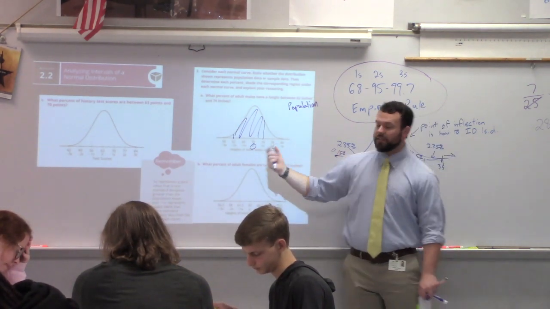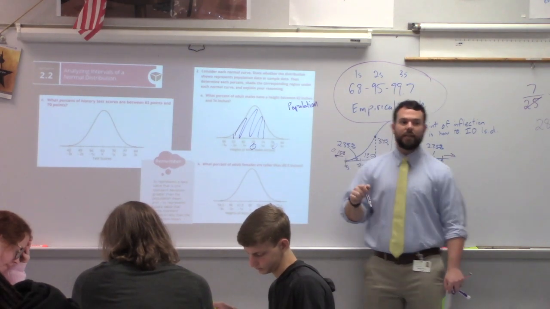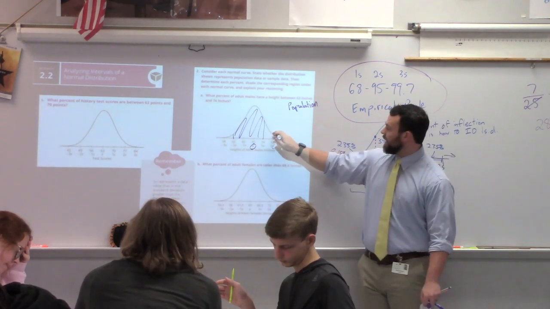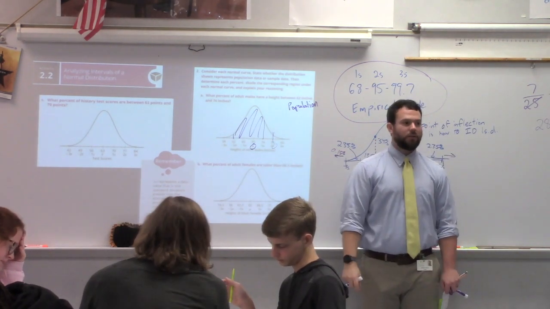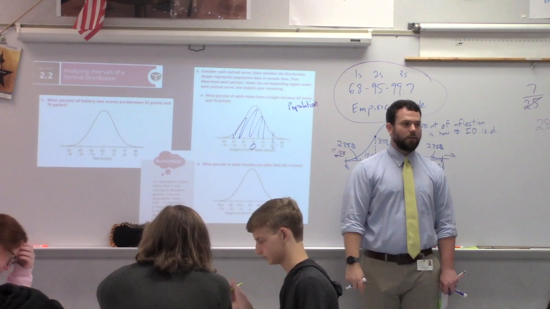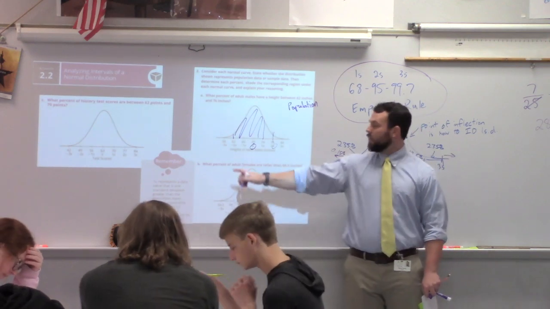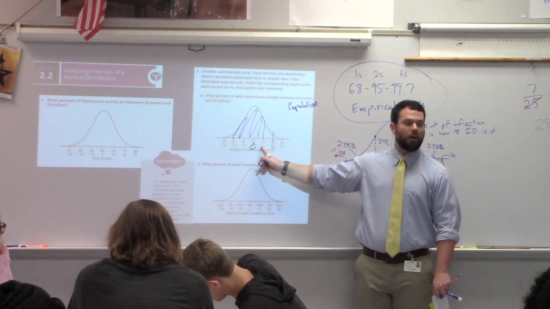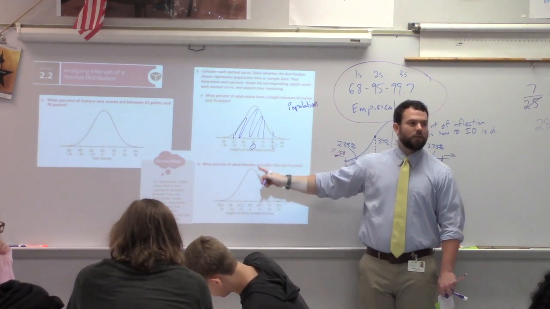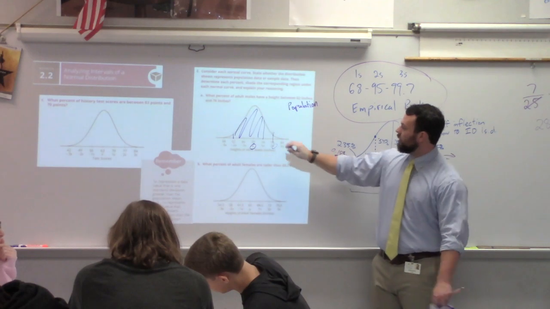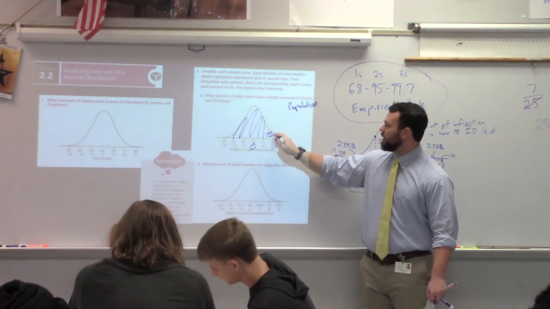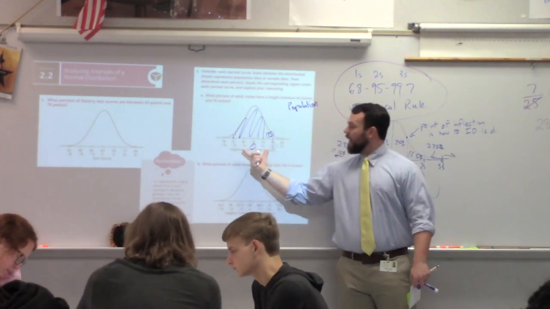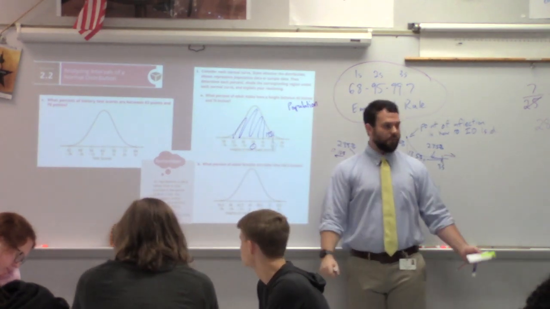Well, remember, this is where we need to be careful. 95% is between 2 standard deviations. If I go all the way to here, it'd be 95%. But it's 2 below, and 74 is only 1 above. We gotta subtract that 13.5 from that. If you can remember that that's 13.5 right here, then 95 minus 13.5 would give it to you.